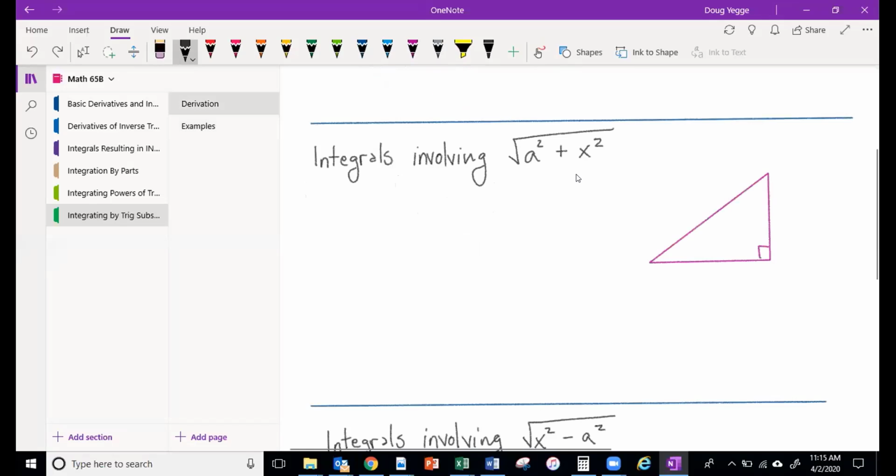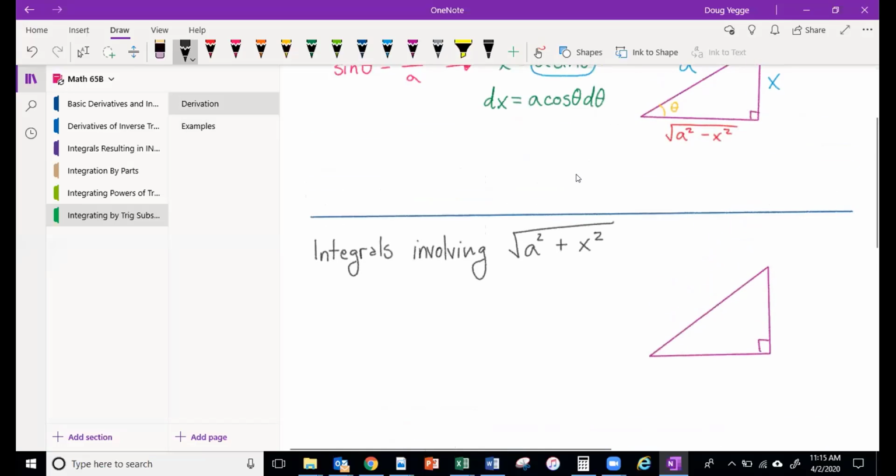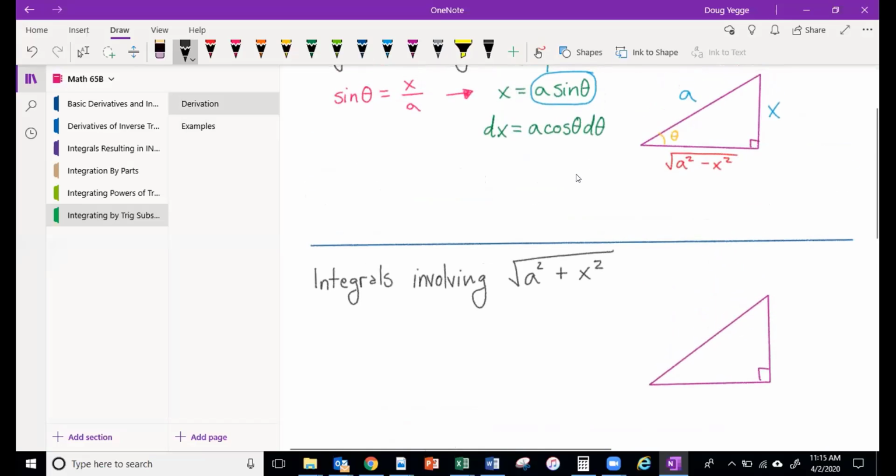Okay, let's go back here. What trig function would I use here in order to fill in my triangle if I need to see an a squared plus x squared? Tangent. Yeah, I'd have to use a tangent because I'd have to recognize that either this is a and this is x if I have an angle theta.